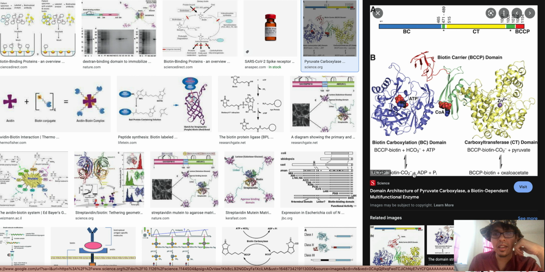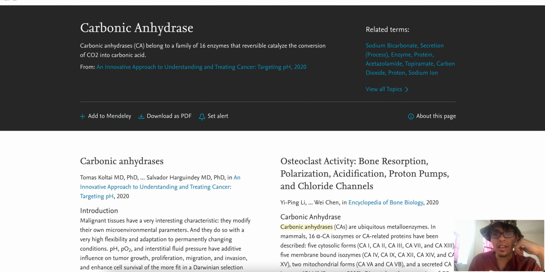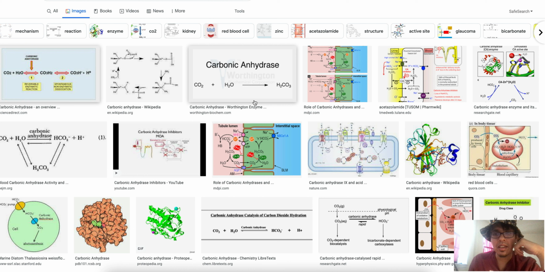So oxaloacetate is basically the combination of CO2 and... okay, let me step back a little bit. CO2 by itself doesn't exist in your blood. Okay, it can't, because it's polar. It does in small amounts, but in order to exist in solution with H2O, it actually has to be converted to bicarbonate through the use of an enzyme called carbonic anhydrase.